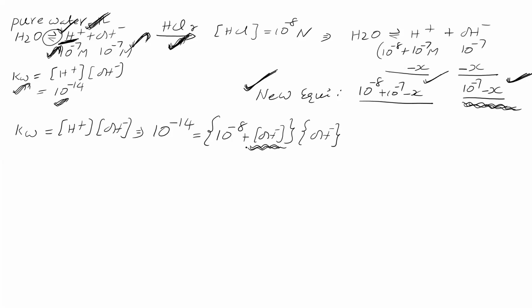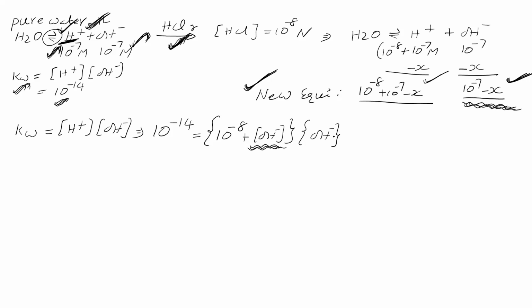So 10 power minus 14 is equal to (10 power minus 8 plus OH minus concentration) into OH minus concentration. Now let us simplify this quadratic expression.